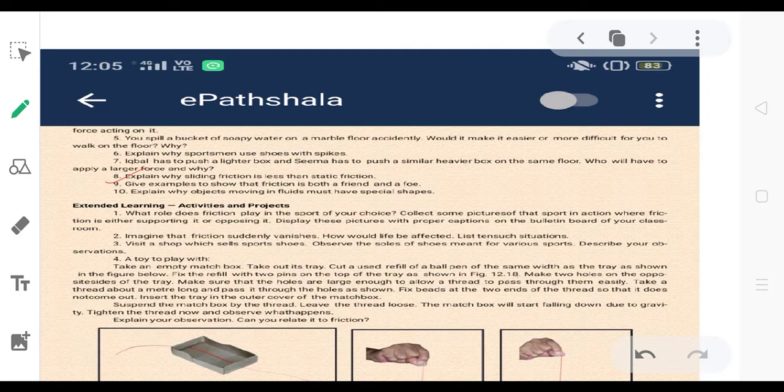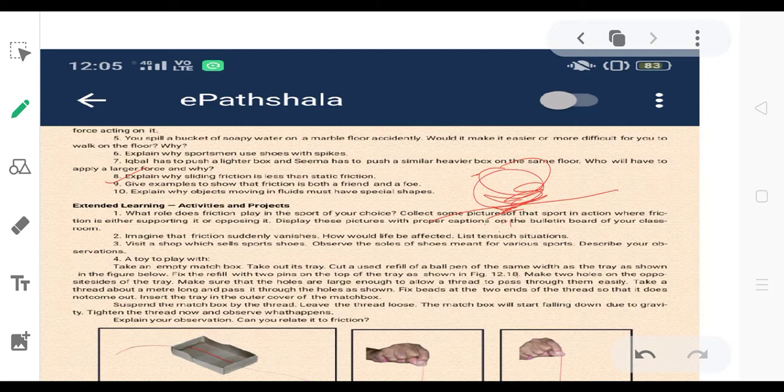Frictional force comes into play, frictional force acts when irregularities are present in the surfaces of the two objects. When they get in contact, they get interlocked with each other.